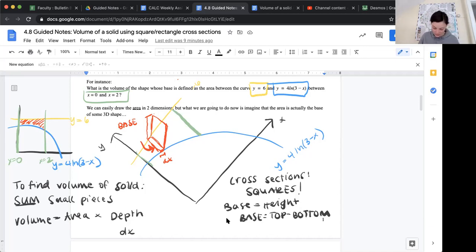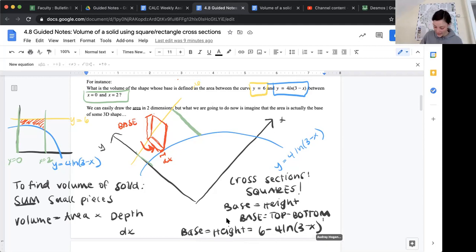So our top function is y equals 6. Our bottom function is 4 ln of 3 minus x. And so we know that the base, which is equal to the height, is equal to top minus bottom, which is 6 minus 4 natural log of 3 minus x, okay?